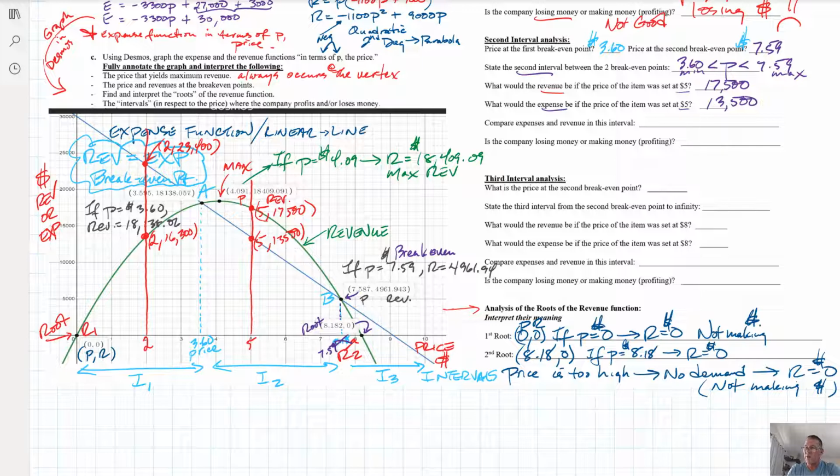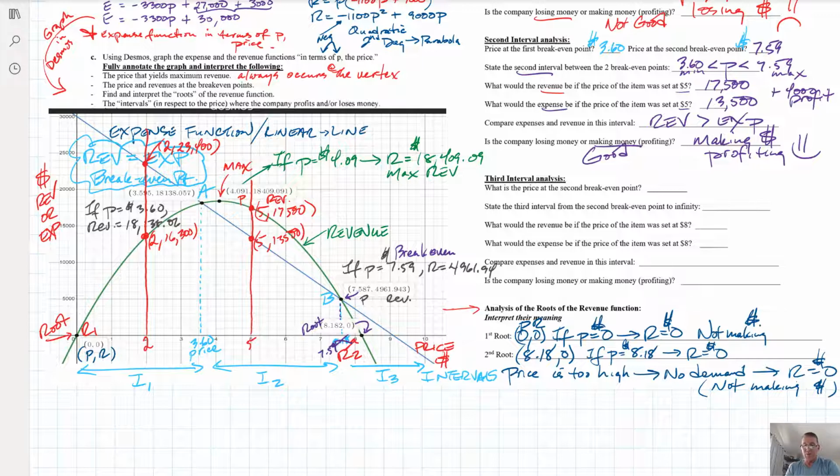At that point, we just gained an additional $4,000 profit. So compare the two. Revenue is greater than expenses, and that means you are making money. That means profiting. And that's a good thing. Be happy on this one.